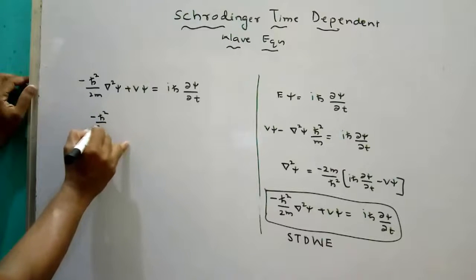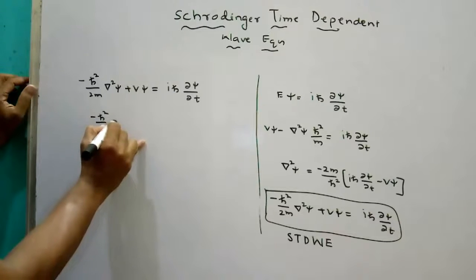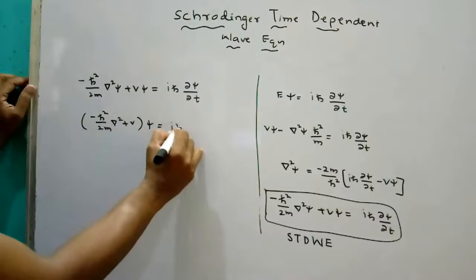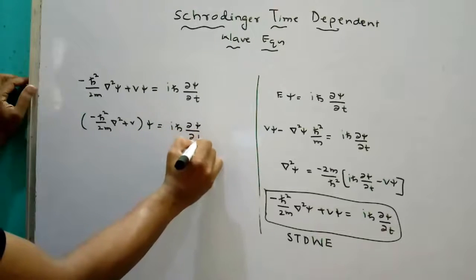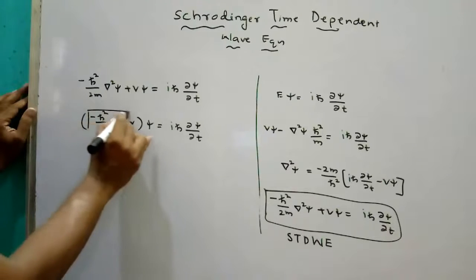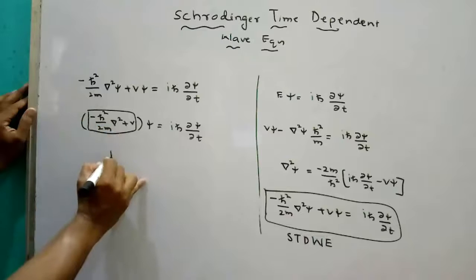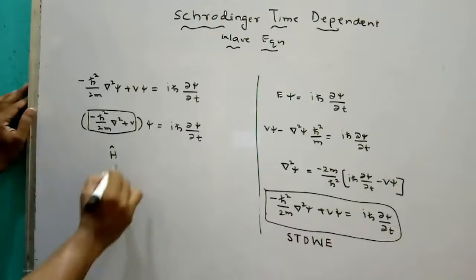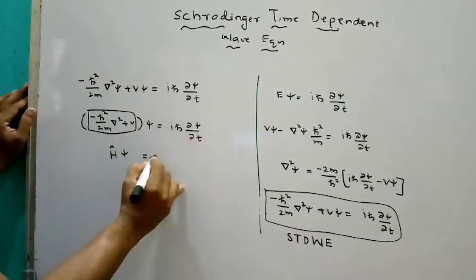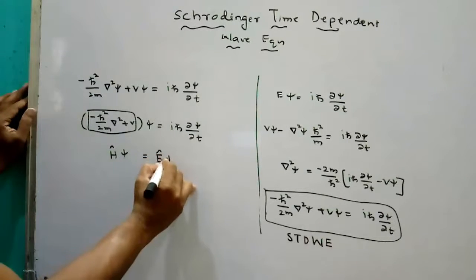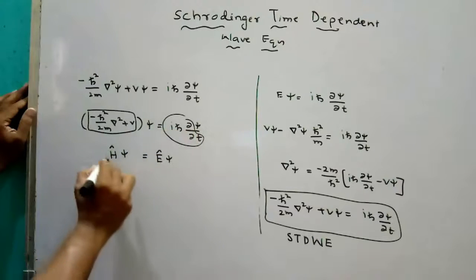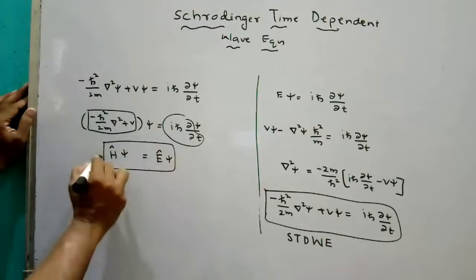Minus h cut square by 2m del square plus V of psi equal to i h cut dou psi by dou t. See here, this one will be H cap psi. Already we have i h cut dou psi by dou t equal to E psi. So i h cut dou by dou t equal to E, then this is psi. So H psi equal to E psi.